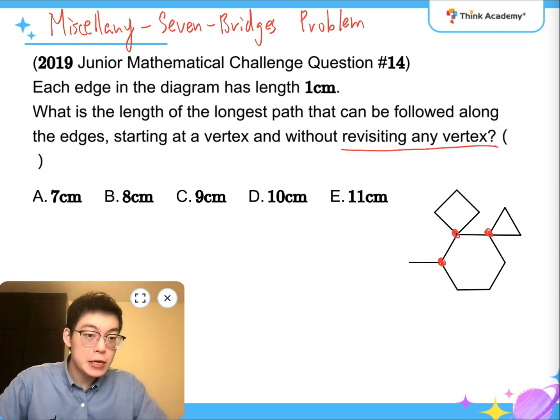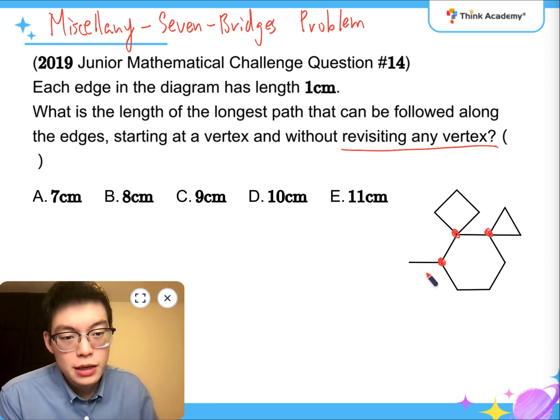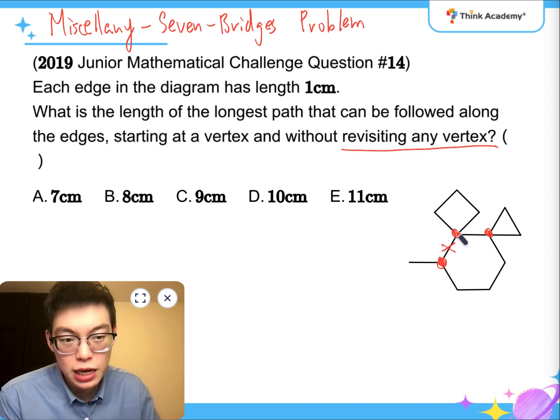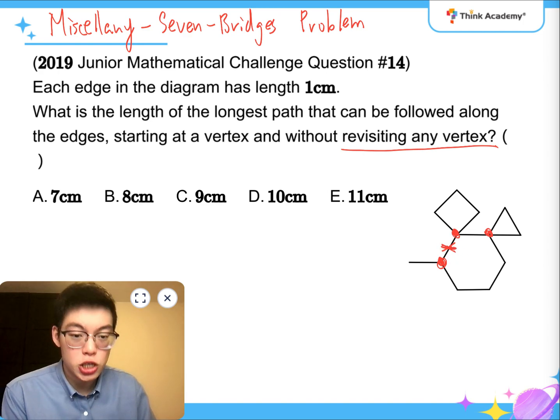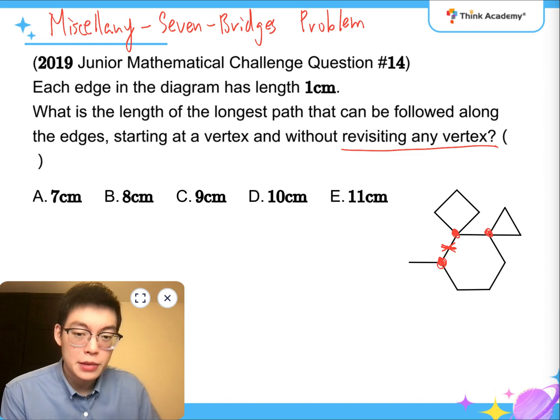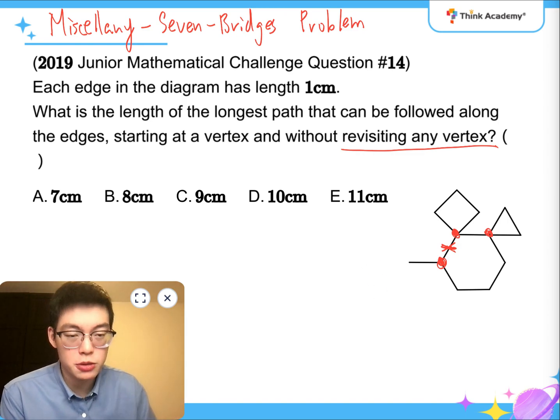If I am abandoning, say, this path for this vertex, that means I'm also abandoning 1 path for the top vertex, right? Because this is shared. So I want something to be shared, definitely, such that I can remove as few edges as possible. And then I'm removing this.